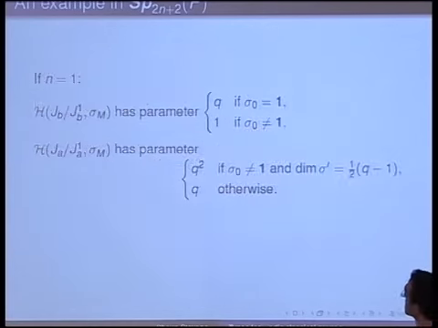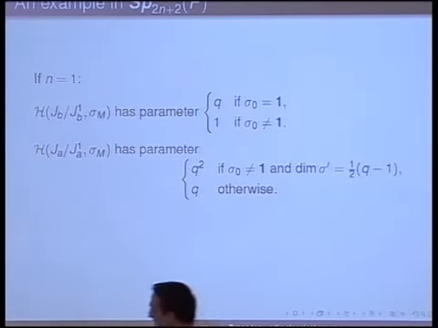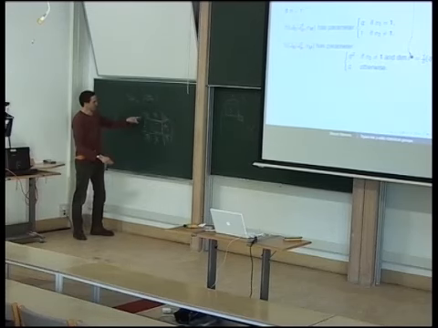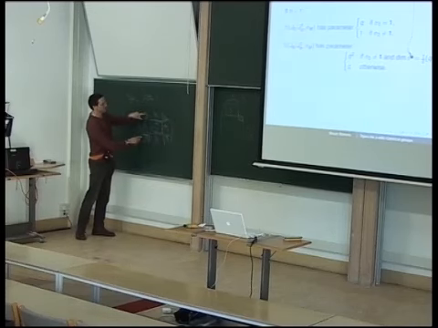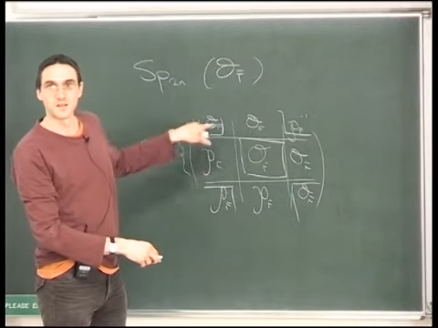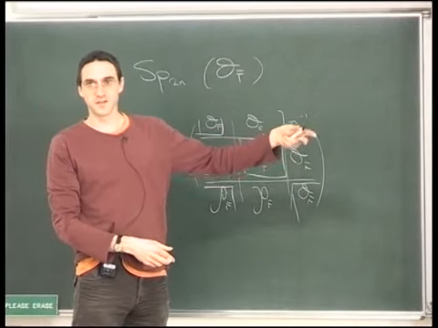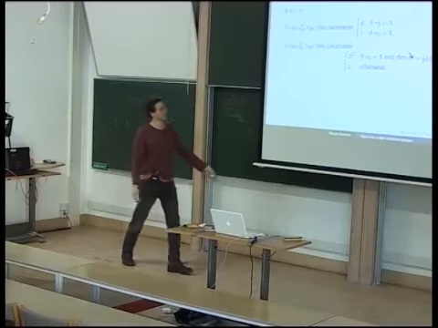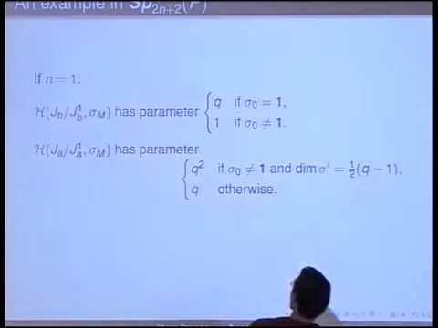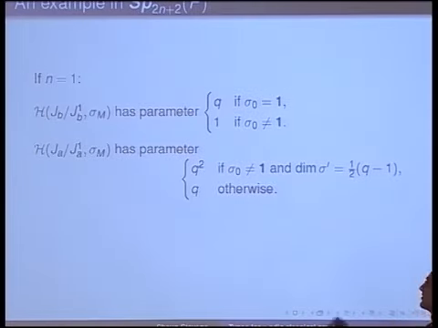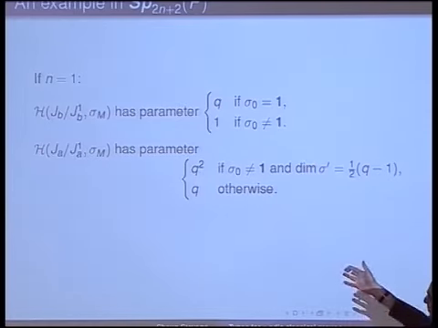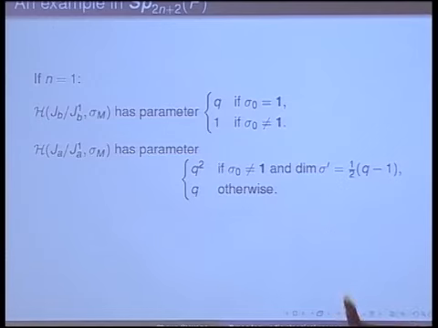So I should also say what happens if n equals 1. If n equals 1, then on this side, the thing around the outside is just a copy of SL2. And now you're just inducing either the trivial character or the quadratic character of SL2. And if it's the quadratic character, then you get something irreducible. That's right. So you either get q or 1 as your parameter. By the parameter, I mean the power of q that's there in the quadratic relation.